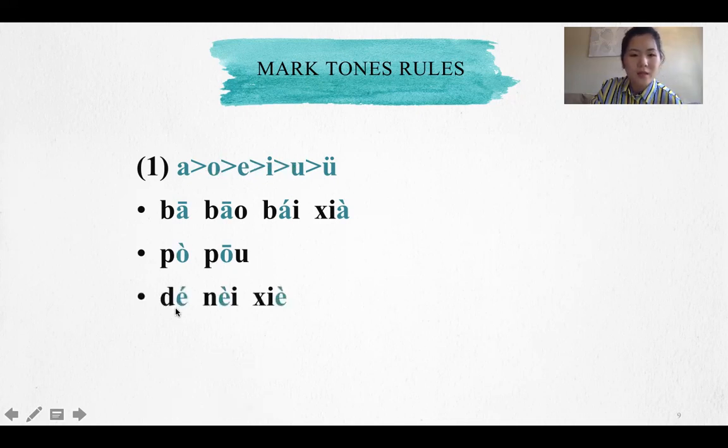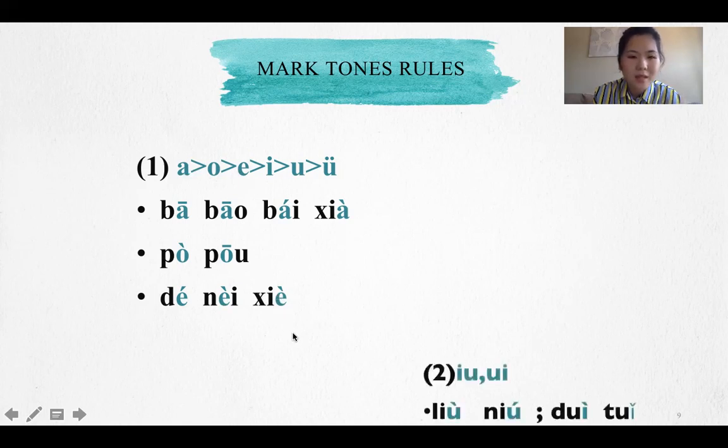And this one too, de, there's only one, so you put it on e. And this one, ne, there's an e too, so we put the tones on e. And xie, e too. So it doesn't matter the order in the pinyin, it just matters what this order is, right?